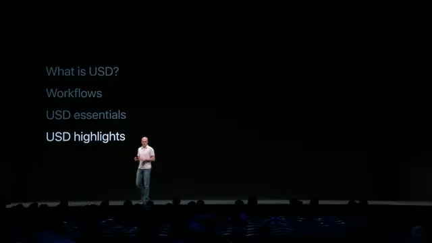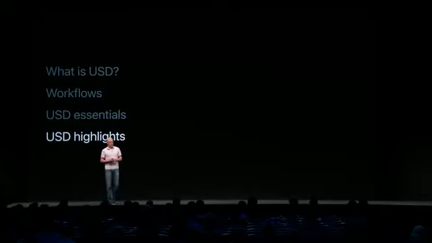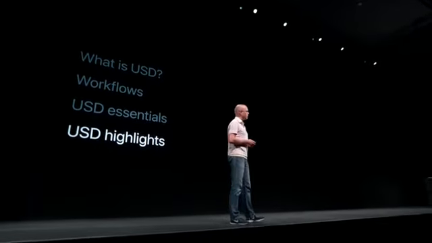Now that we've covered the basic structure of USD, let's take a look at the main advantages that set it apart from other formats. Scalability to complex scenes, and live composition and collaboration.